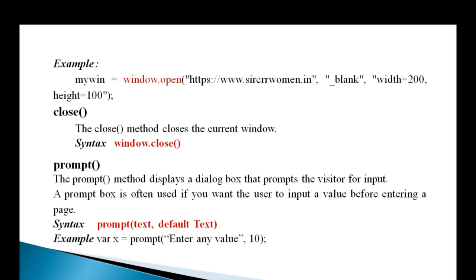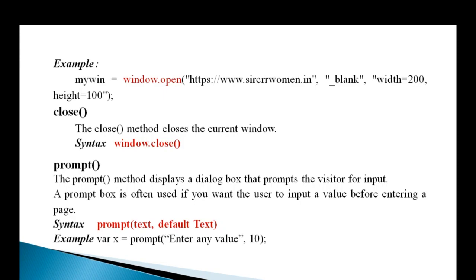Prompt method. The prompt method displays a dialog box that prompts the visitor for input. If a user wants an input value before entering a page, we use the prompt method, by using a prompt box. The syntax is prompt(text, default text).